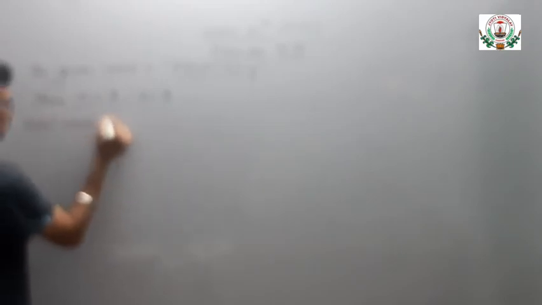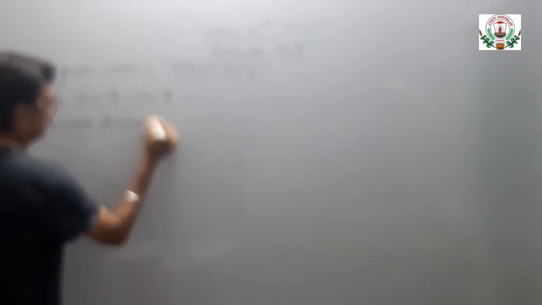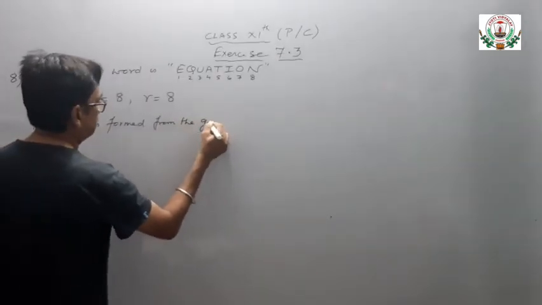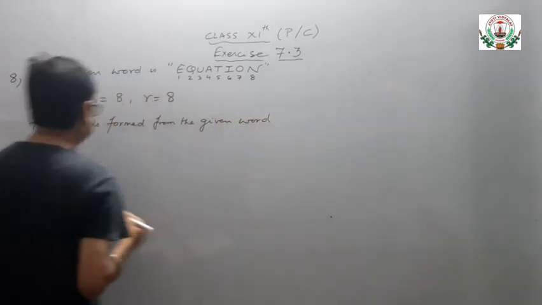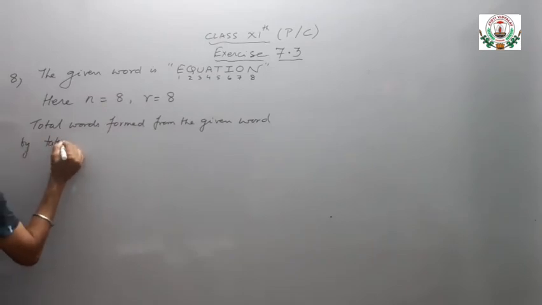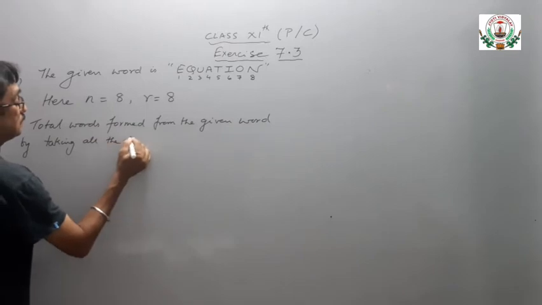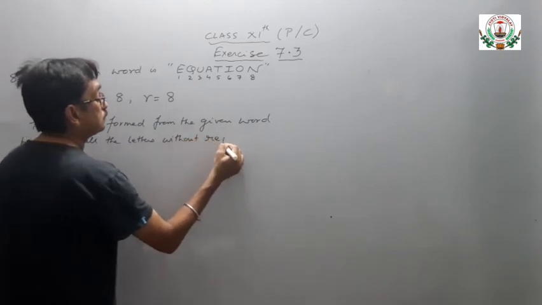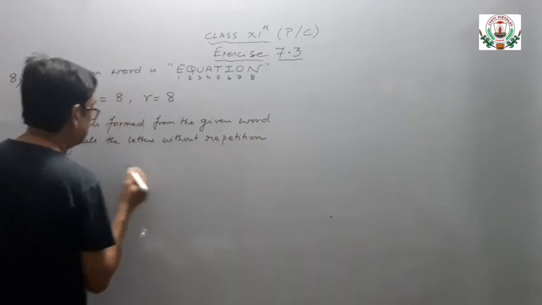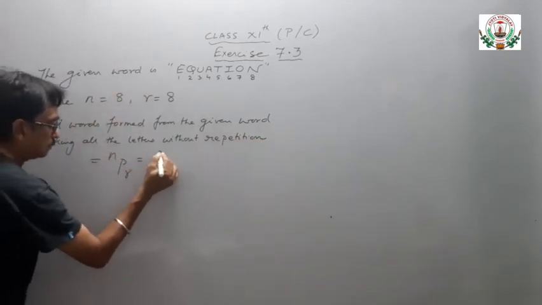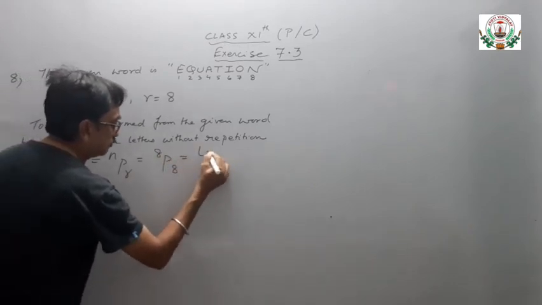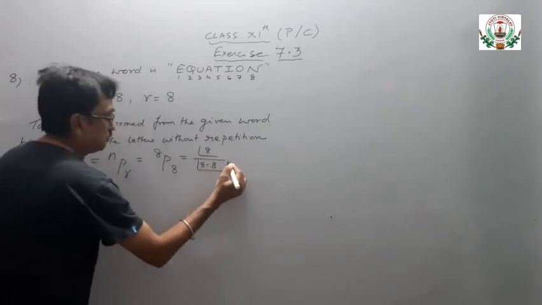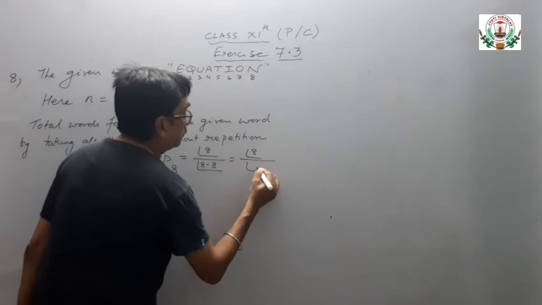So total words formed from the given word by taking all the letters without repetition is equal to nPr, that is 8P8, that is factorial 8 upon factorial (8 minus 8), factorial 8 upon factorial 0.